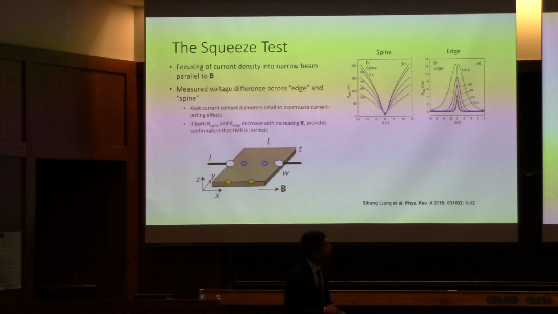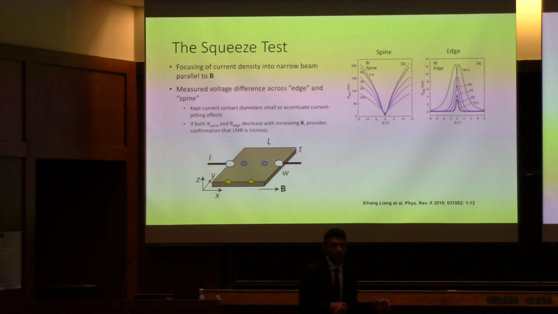And we measure the voltage difference across the edge, or the yellow spots over here, and the spine, or the blue spots directly at the center of our material. Then we also attempted to keep our current contact diameter small in order to accentuate these current jetting effects.